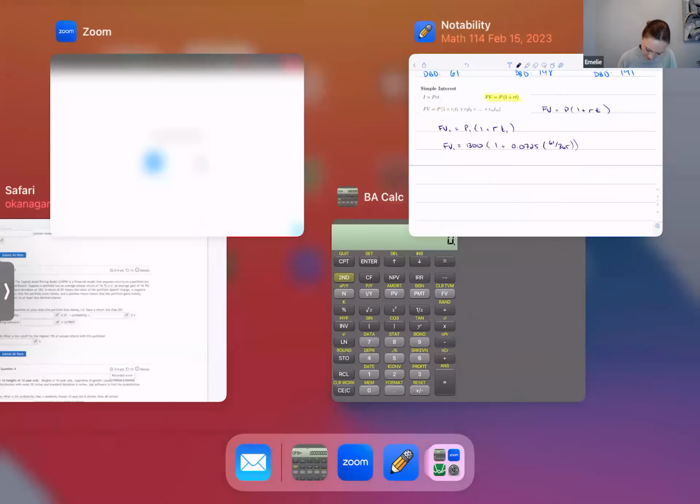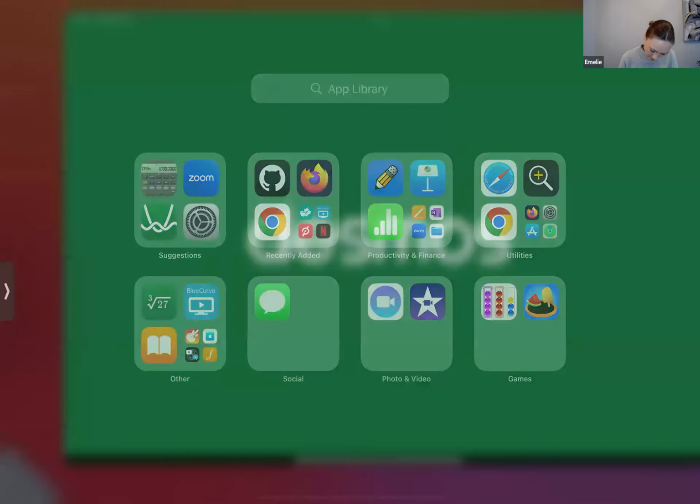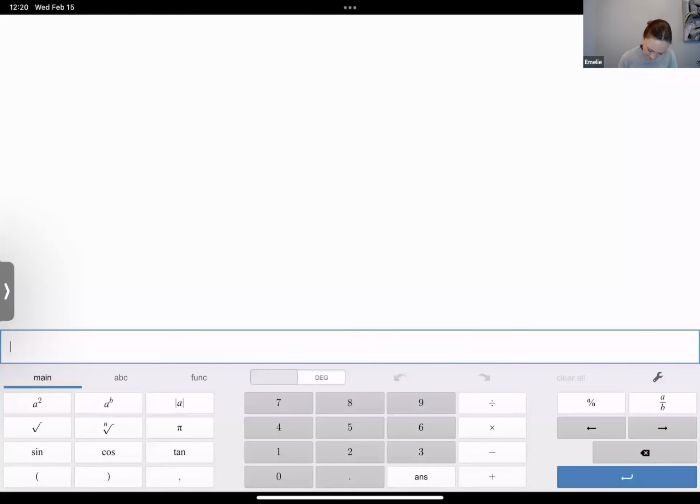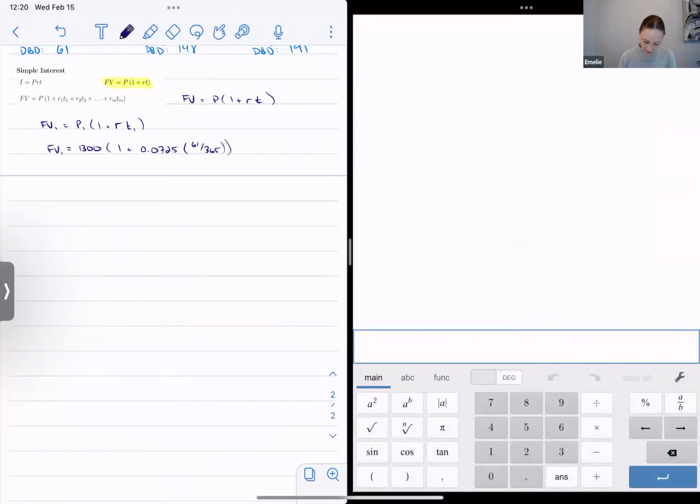Now I'm going to use this calculator because we have the luxury of using a nicer calculator than the financial calculator.